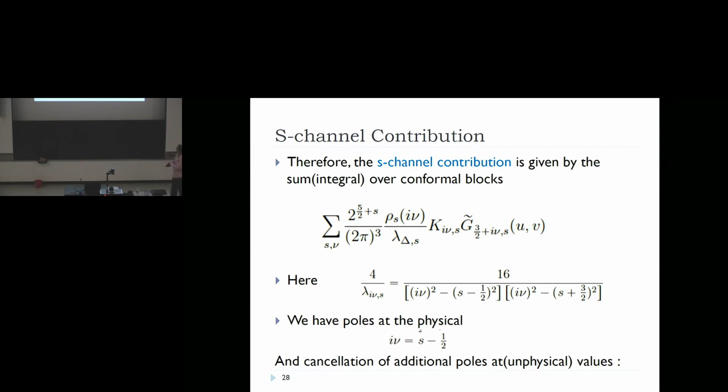The non-trivial part actually is the discussion of poles in such an expression. This was an S-channel exchange diagram. There is the physical pole at S minus 1 half. I already emphasized this from my propagator. There is the unphysical pole at S plus 3 halves. It turns out its residue will be 0 when we pick up that pole.